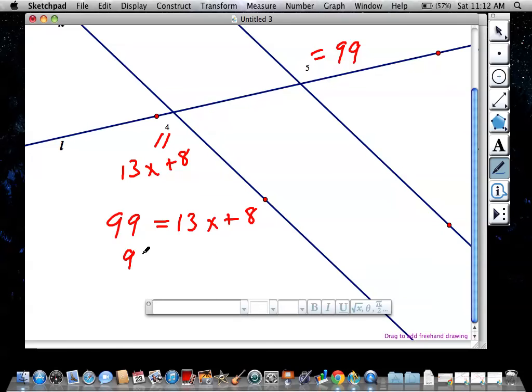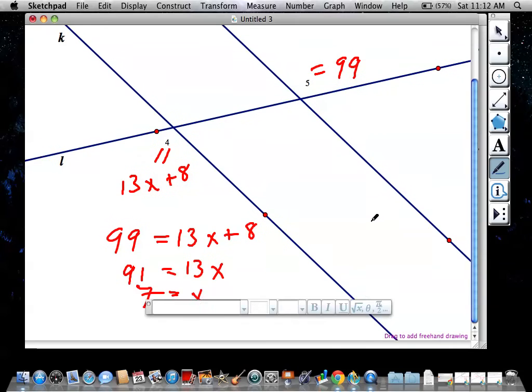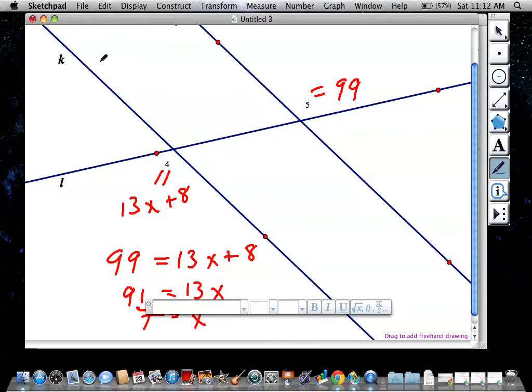So 91 equals 13x. I divide by 13. X equals 7. So if I plug 7 in, that would make K and J, because this is line J, parallel. Okay, only if x equals 7. If x didn't equal 7, then K and J would not be parallel.